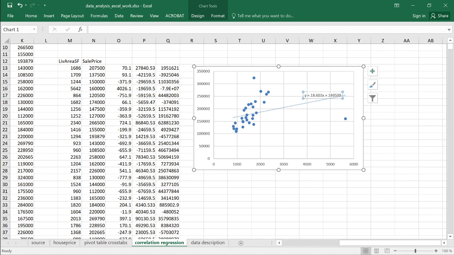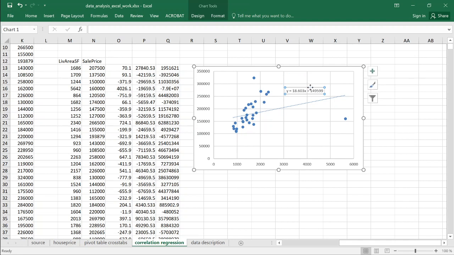And what we get is this trend line here, as it's called, and in a simple regression we always only have one variable related to one dependent variable, so-called dependent variable. And what we get is two coefficients here.